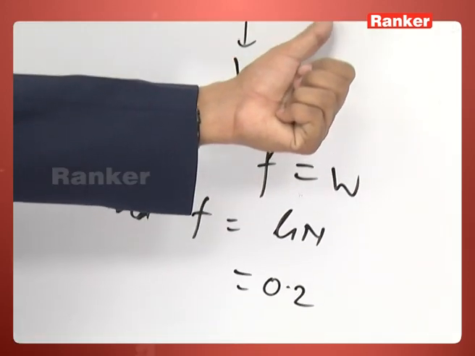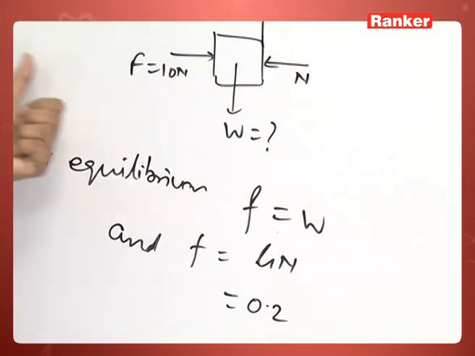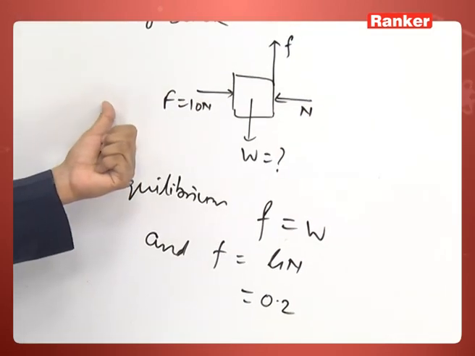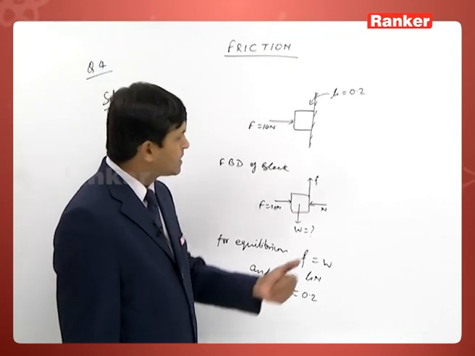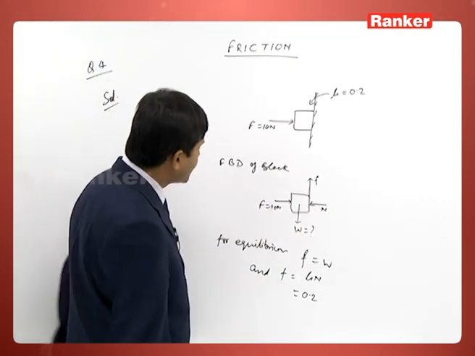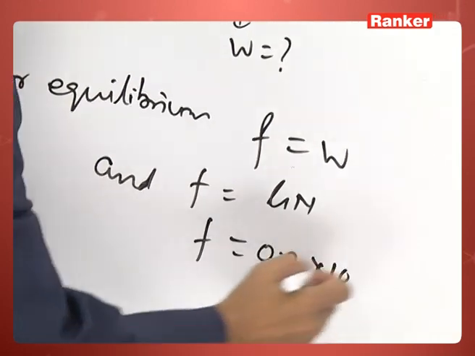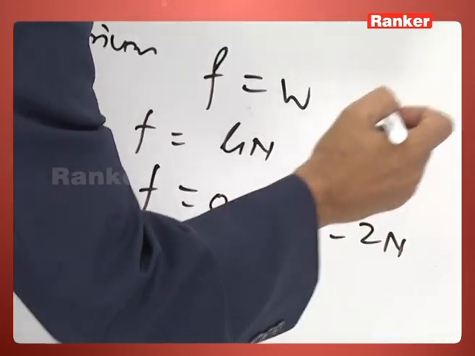How to get the value of N? If we look in the horizontal direction, no other forces are acting and the block is at rest, so N must be equal to 10 Newton. So the friction force comes to 2 Newton.